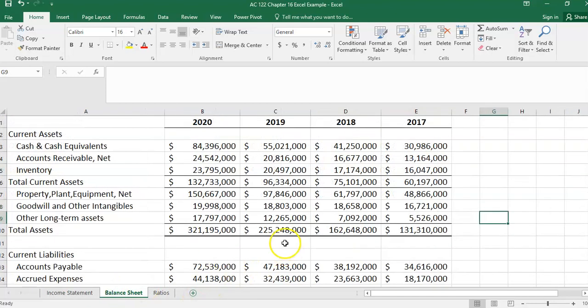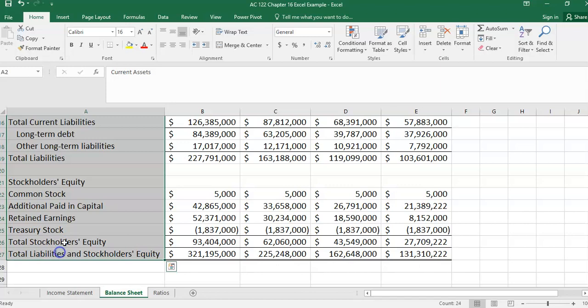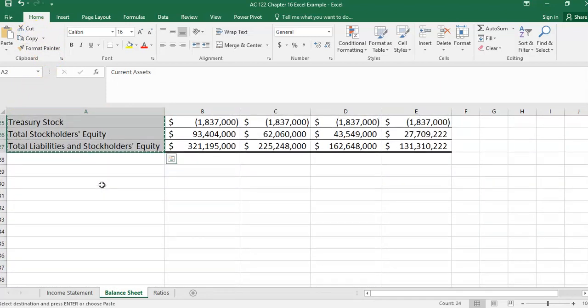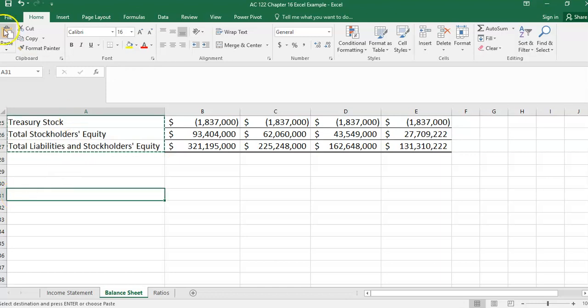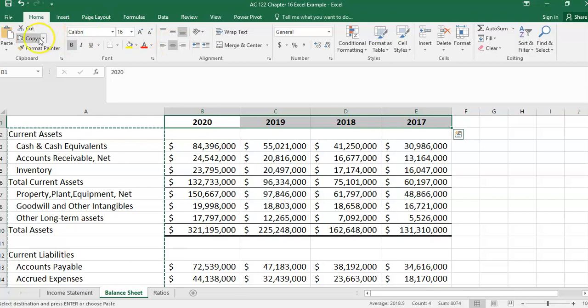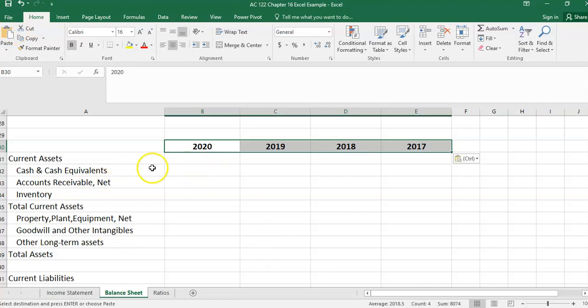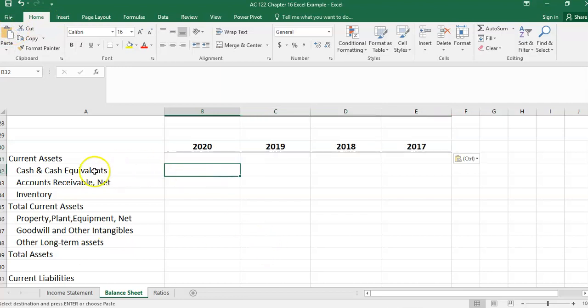We'll also do our balance sheet. Again, I'm going to start by copying my labels and pasting them below. We're going to start with cash and cash equivalents.